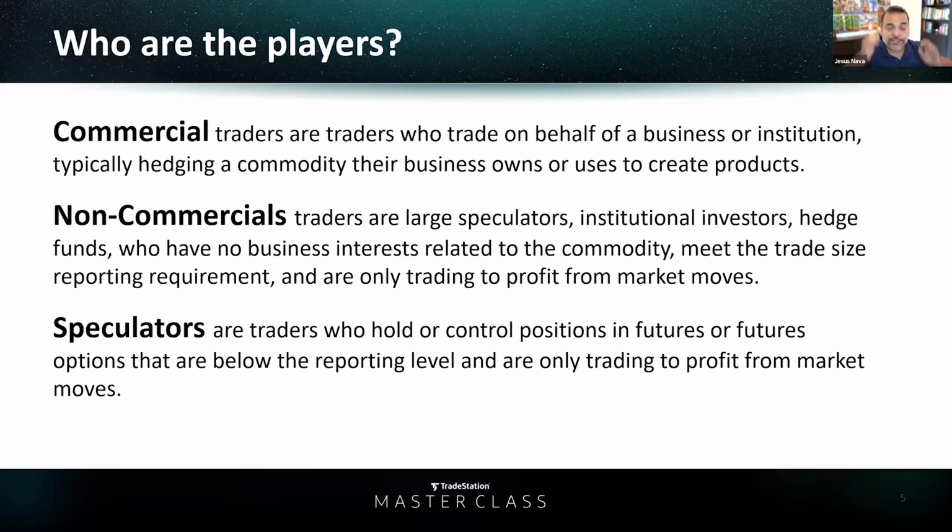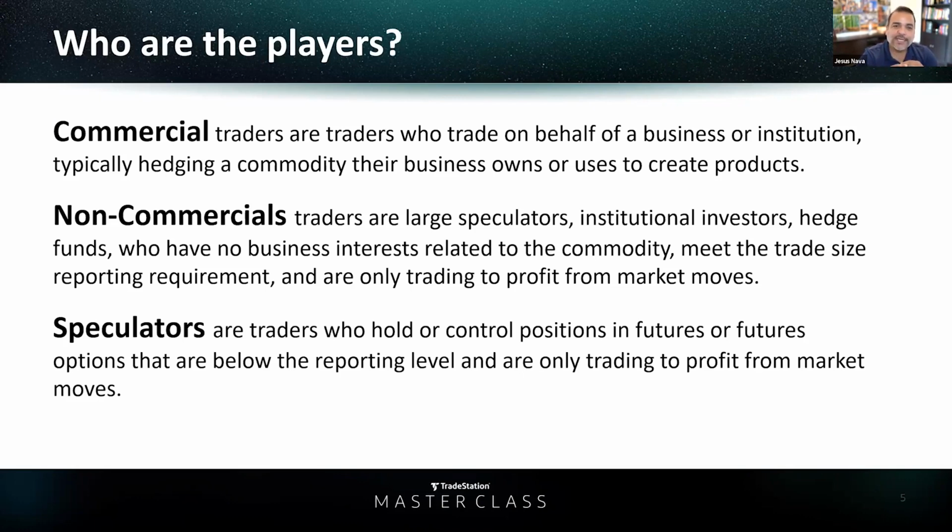So out of all these 3 categories, which make up the CFTC report, you ask yourself, which one is the one that I want to follow? The commercials are the ones that are directly involved in the commodity itself.